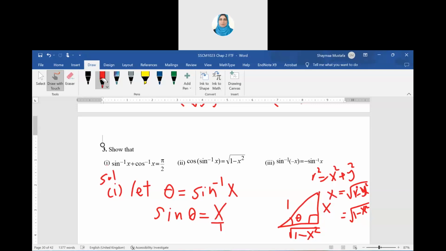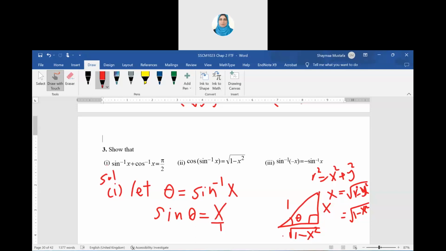So if sine theta is equal to x, I draw a triangle with a right angle. Sine theta is opposite over hypotenuse, so I consider the opposite is x, the hypotenuse is 1. Now I need to find the adjacent.